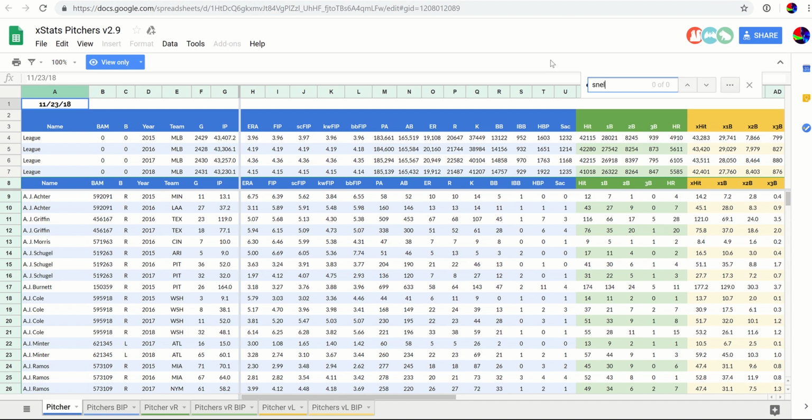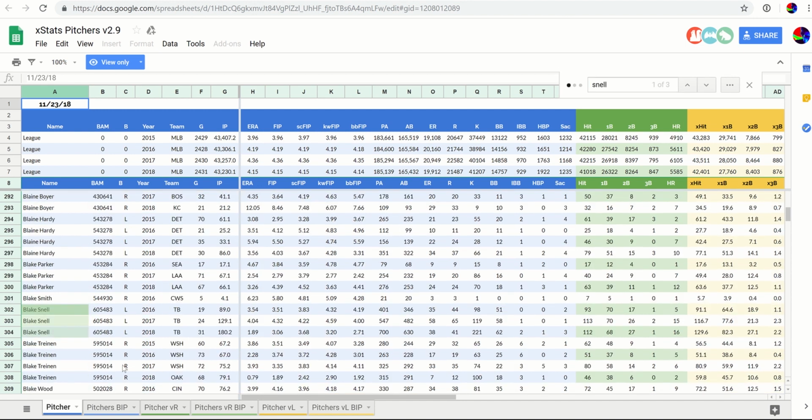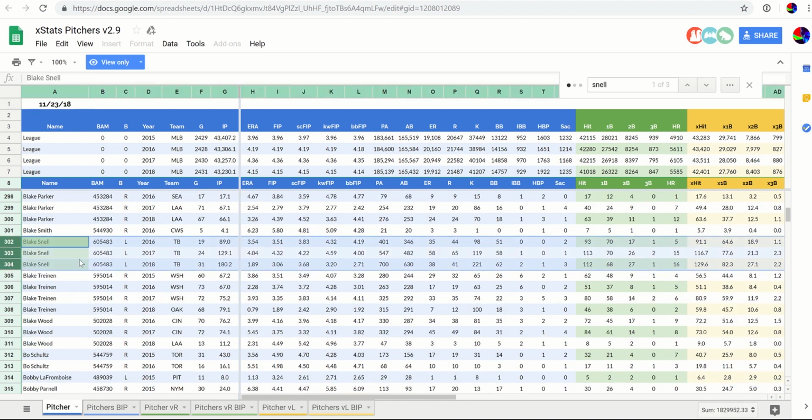There we go. Snell. So Blake Snell's actually a really good one. So we take a look right here. You can see ERA, FIP, SC FIP, KW FIP, BB FIP. These are all different types of ERA estimators that use different inputs to be calculated. You see the plate appearances, at-bats, earned runs, strikeouts, all of the general stuff that you'd see.